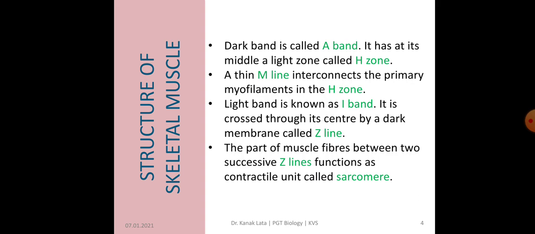It is crossed through its center by a dark membrane called Z line. The part of muscle fiber between two successive Z lines functions as contractile unit, and this contractile unit is called as sarcomere.